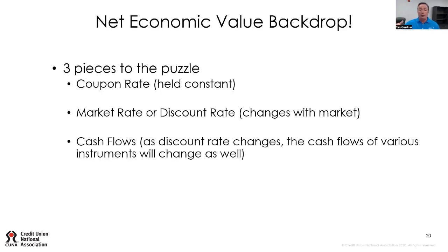The interest rate risk comes in the form of fixed rate products because the coupon is fixed, but the external interest rates are changing. So the coupon rates are held constant, and we compare that to the external rates, the market rates, discount rates, if that's how you want to think about them. And then how do those changing interest rates influence the cash flows in the balance sheet?